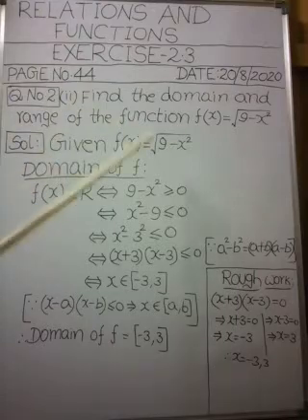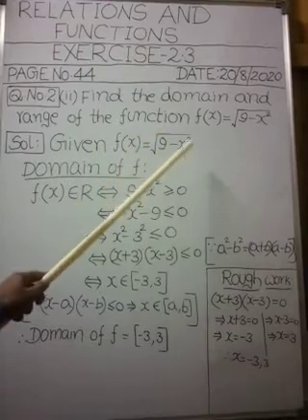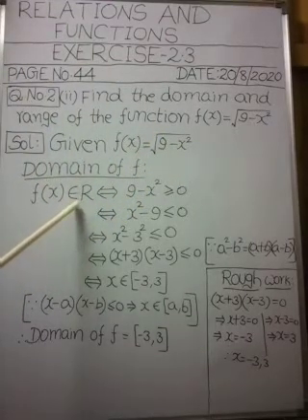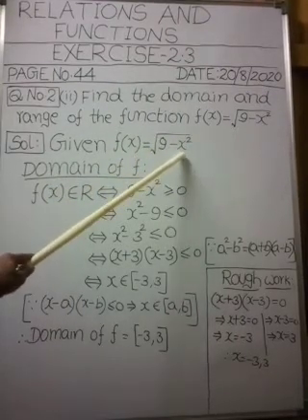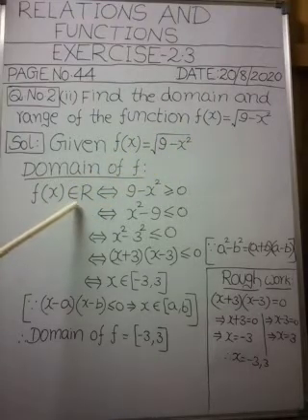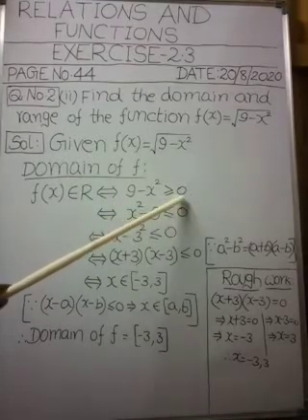So here this value must be a real number, then only we can say that f is defined. So f of x belongs to R. That means this f of x value, whatever value x is taken, that entire value must be a real number. This implies 9 minus x square greater than or equal to 0.